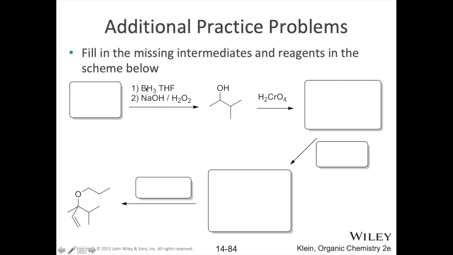So remember that's an anti-Markovnikov addition across an alkene. Okay, so think about what the alkene would have looked like. That OH group would be missing, and there would have been a double bond either here or here. Which one would be the anti-Markovnikov addition accordingly?